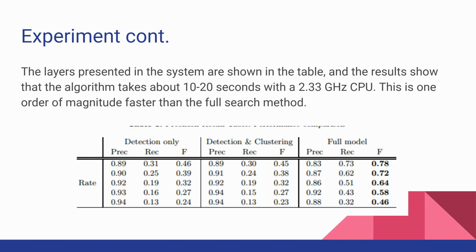The layers presented in the system are shown in the table, and the results are about 10 to 20 seconds with a 2.33 gigahertz CPU. That's how much faster it is than using the methods separately, and that's one full order of magnitude.